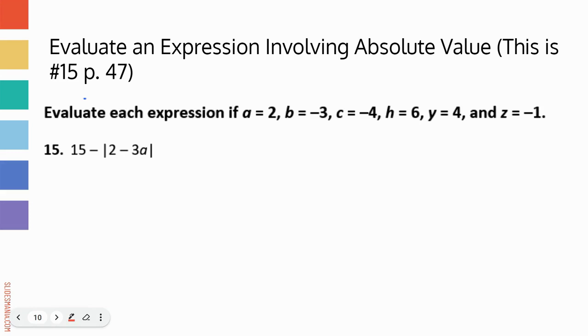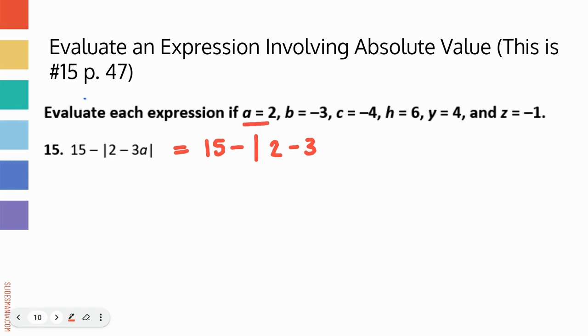Okay, again, this is on page 47, number 15. So this time we have the expression 15 minus the absolute value of 2 minus 3a. So I'm going to start by writing 15 minus the absolute value of 2 minus 3.